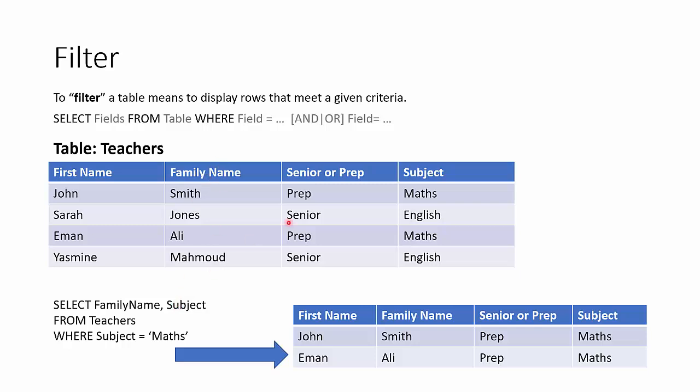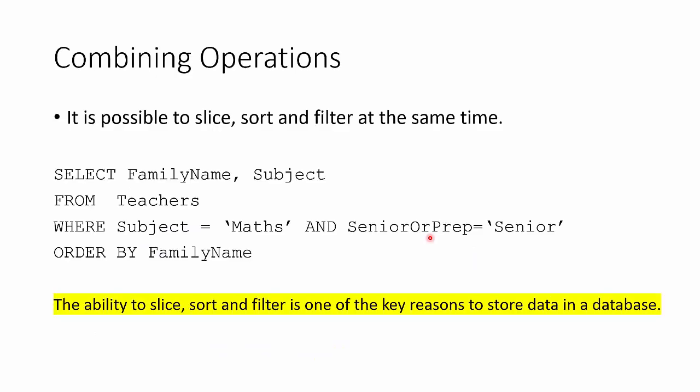So I only want this field and this field from the teachers table. And then where, here's the command that tells me I want it to filter. So subject equals maths. Only give me the records where the subject is equal to maths. So that's Smith and Ali.